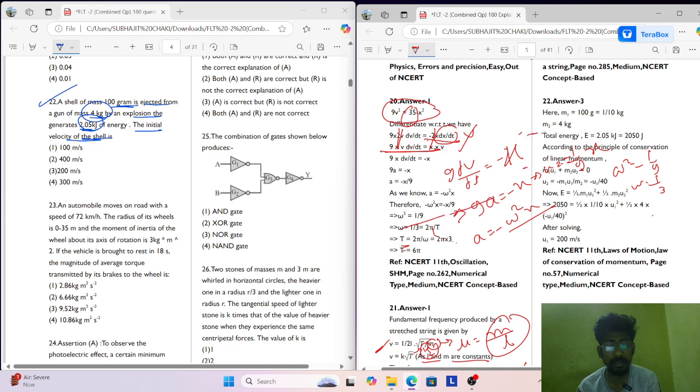Okay, mass is given as this. Mass of the bullet is this, mass of the gun is this. 100 gram means 1 by 1000, which means 0.1 kg. This is 4 kg. Equal momentum formula you can apply. What is the formula? Velocity of recoil equals mass of bullet divided by mass of gun into velocity of bullet.